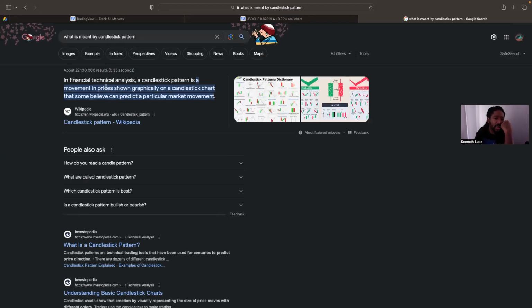So in financial technical analysis, a candlestick pattern is a movement in price shown graphically on a candlestick chart that some believe can predict a particular market movement. You see how they keep saying "some believe," and actually we're not even gonna go into this because this is more literally candlestick patterns.